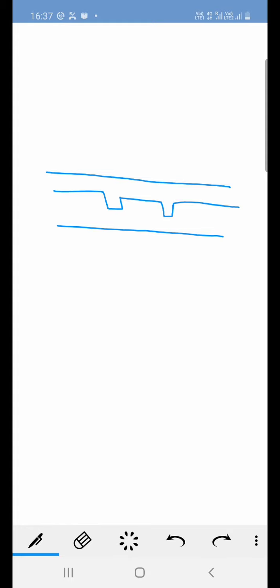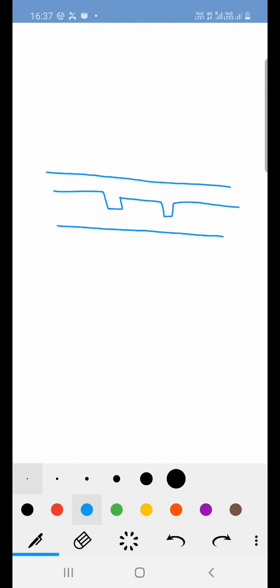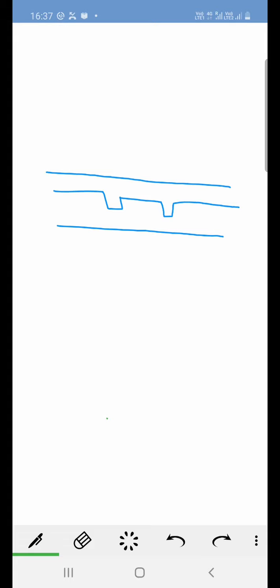We have a gate electrode here, and we have metal contacts here.